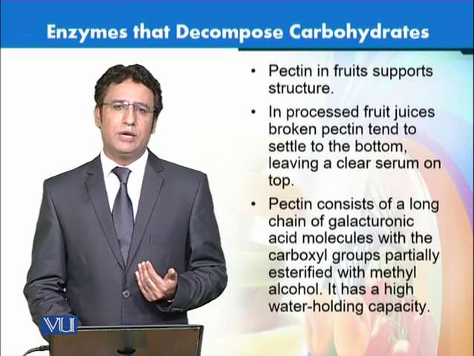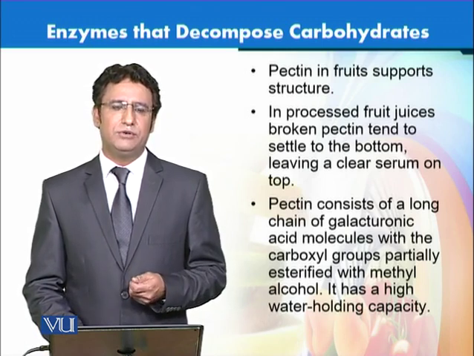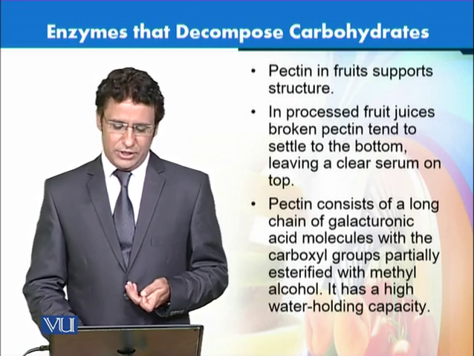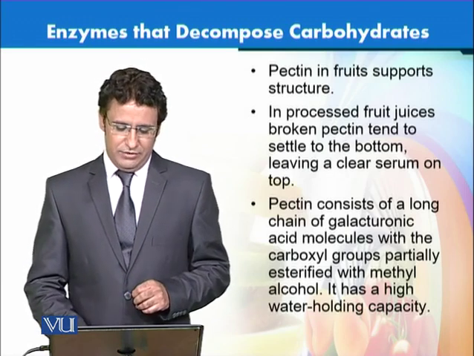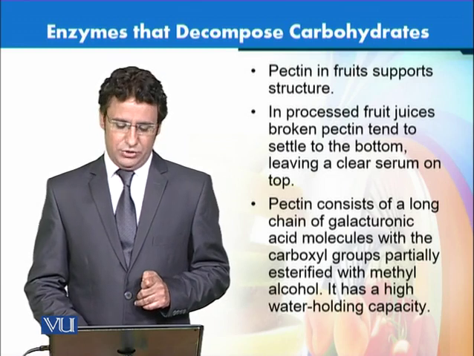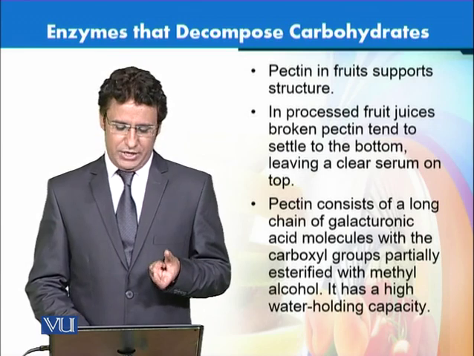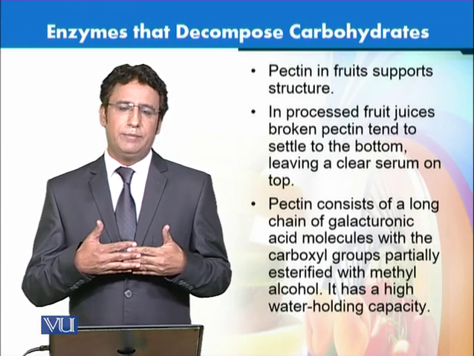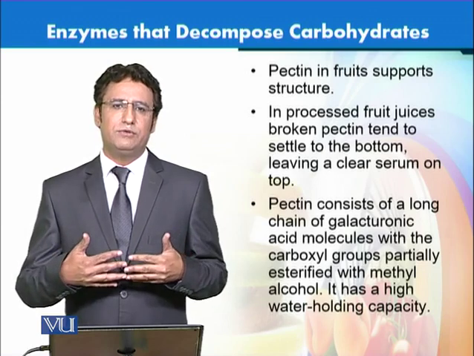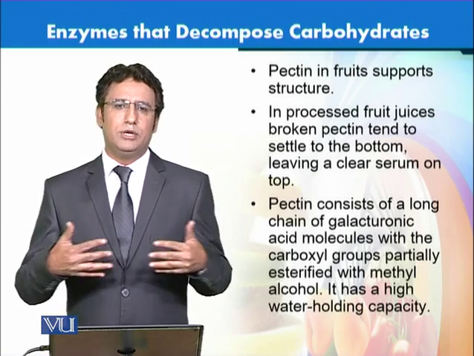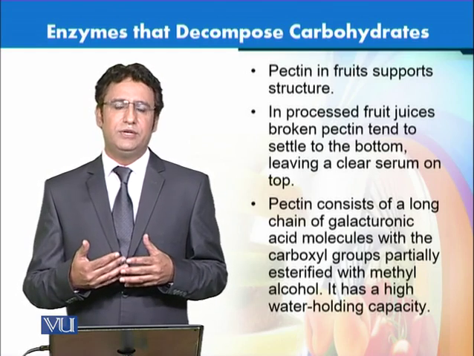If you talk about the chemistry of pectin, it consists of long chains of galacturonic acid. So these are polygalacturonic acid chains, which are very long molecules. They are joined by a carboxylic group. When this carboxylic group reacts with methyl alcohol, that joins these simpler units of galacturonic acid into polygalacturonic acid chains, and these chains make up pectin.